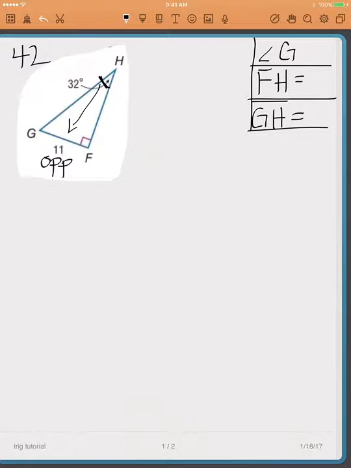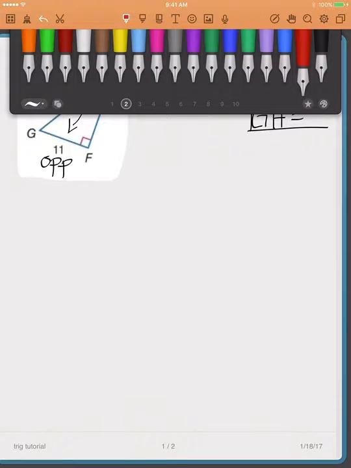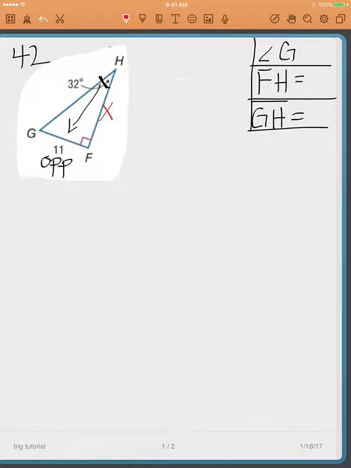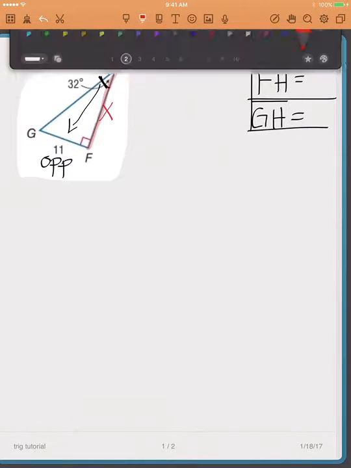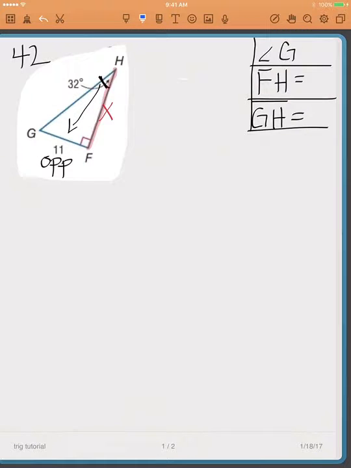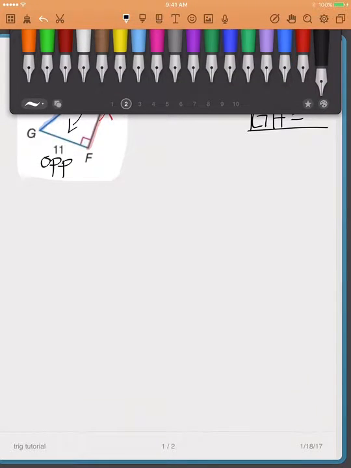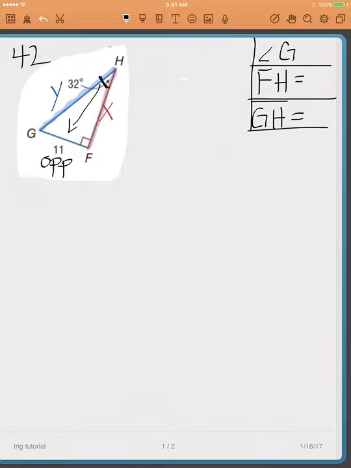So let's pick this side FH as my X. And why don't we pick this side, GH, as my Y. So let's first solve for X, which is FH, and then we'll solve for GH as Y.